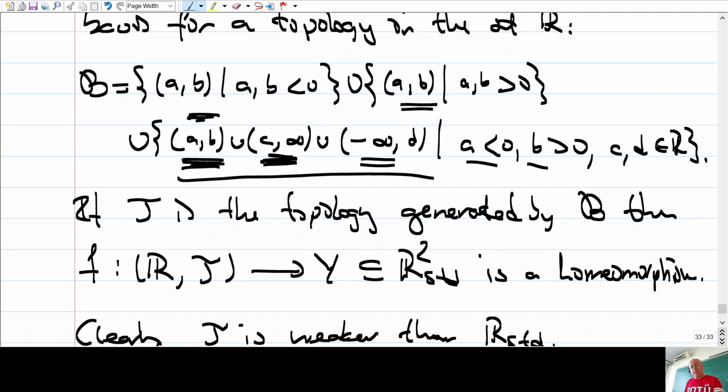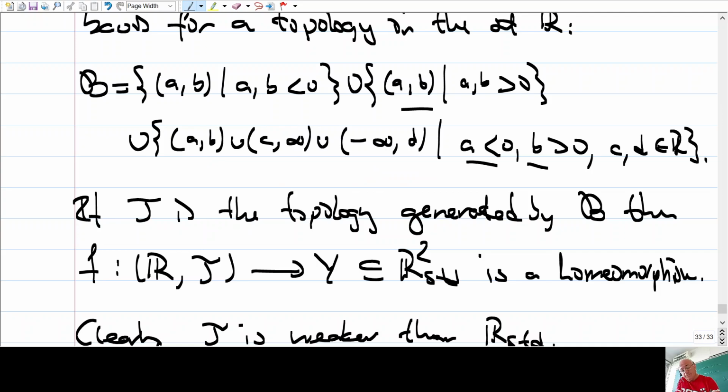So I can write any interval like this, C infinity, as a union of intervals AB, where A and B are both positive. And similarly, this interval is a union of intervals of this type. Therefore, this thing itself is open in our topology. However, this thing, AB, where A is negative and B is positive, is not open in our topology. Okay.